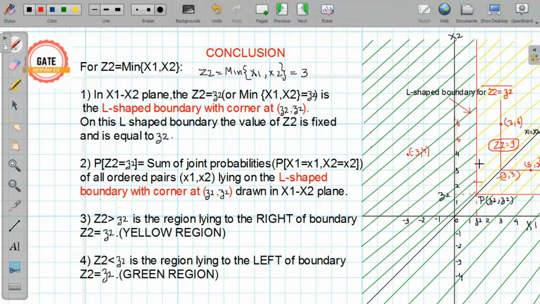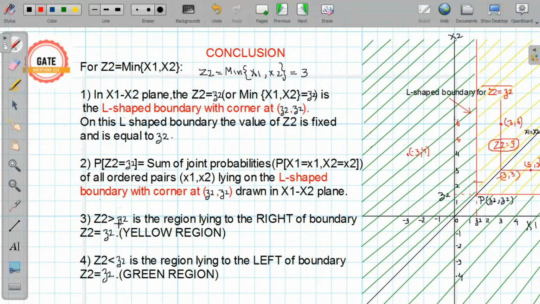Only then the probability capital Z2 is equal to small z2 will be non-zero and will be equal to the sum of joint probabilities of ordered pairs lying on the L-shaped boundary with corner z2, z2. So this probability will be equal to the sum of all the joint probabilities of possible ordered pairs in the distribution of x1 and x2. So hopefully you have understood these 2 points.